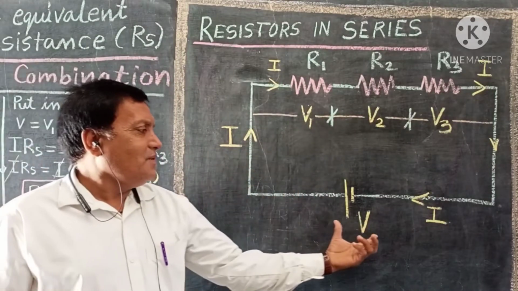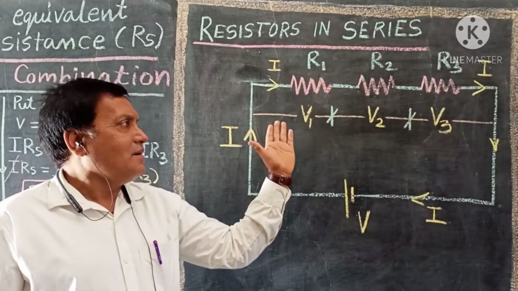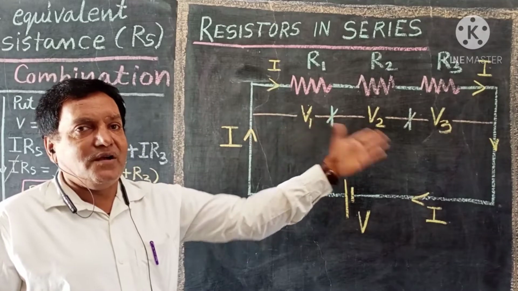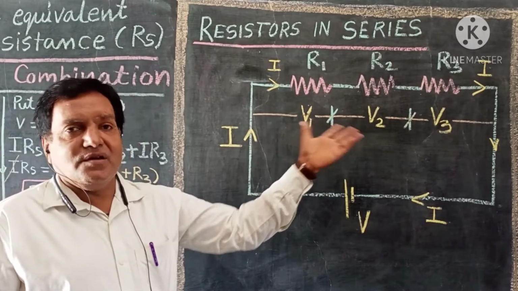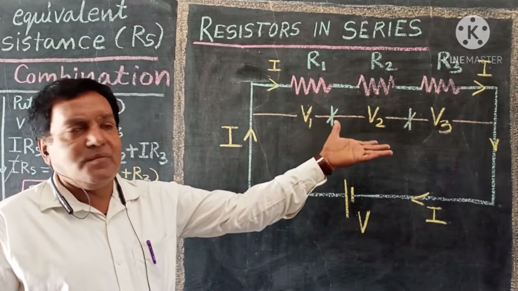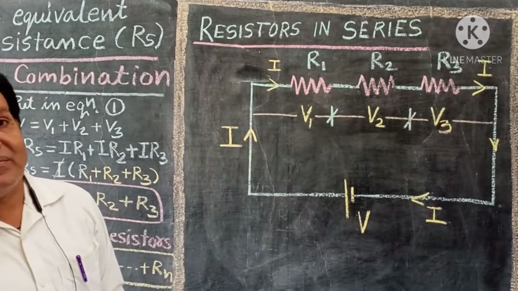From this total voltage V, R1, R2 and R3 have taken different voltages V1, V2 and V3. We have marked V1, V2 and V3, we have not marked V. V1, V2 and V3 mean the voltage taken by R1, R2 and R3 is different.